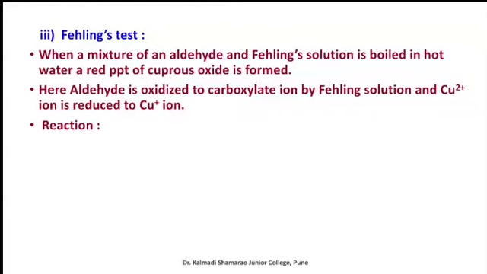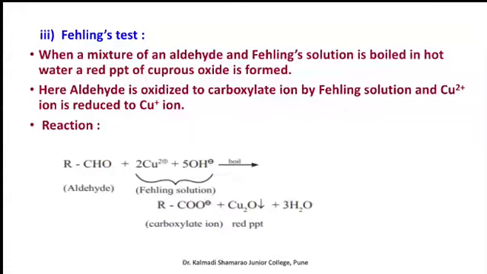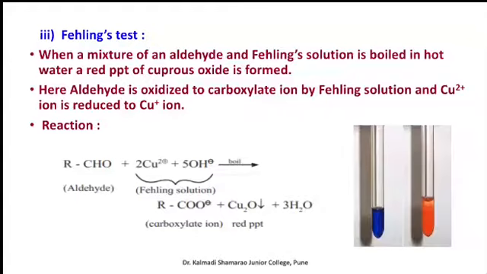The following reaction occurs during this reduction. Aldehyde, that is RCHO, reacts with Fehling solution, that is 2Cu2+ plus 5OH-, to give carboxylate ion, that is RCOO-, plus red ppt of cuprous oxide, that is Cu2O plus 3H2O.